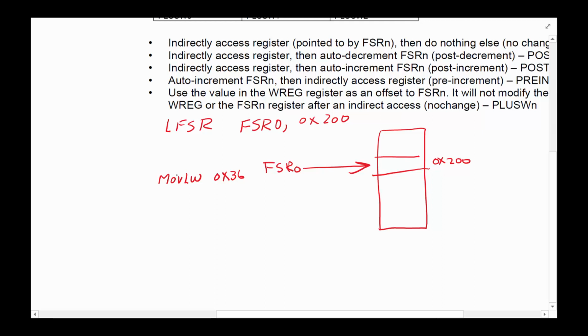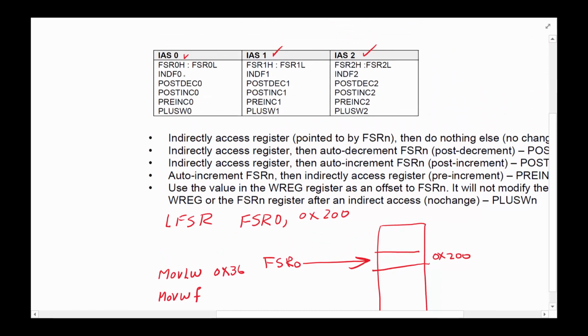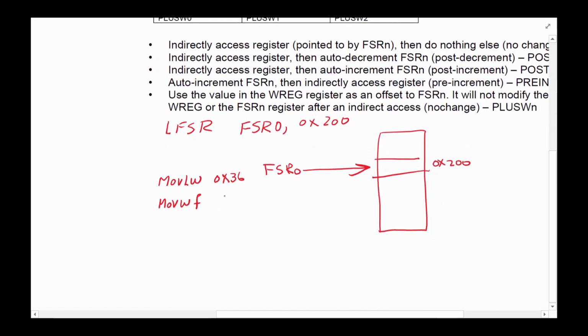But let's move something in there, so I do a MOVWF. That is writing to a location, and here I put INDF0. It indirectly addresses the location pointed to by FSR 0, and it does nothing else.